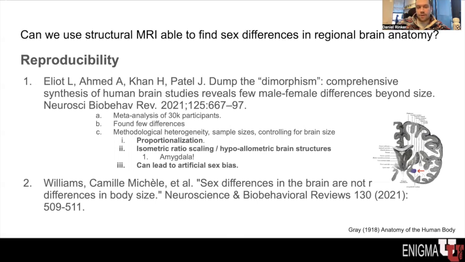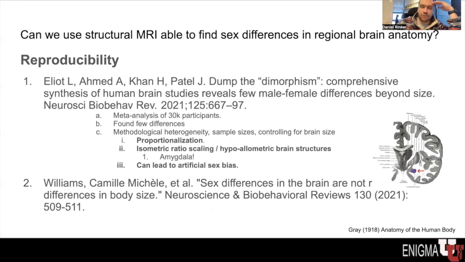The Dicasian paper did some meta-analysis looking at the Elliott paper, a meta-analysis of 30,000 participants, which found few differences. But there's something of note that they did in the methodological correction for brain volumes, so methodological heterogeneity across studies.